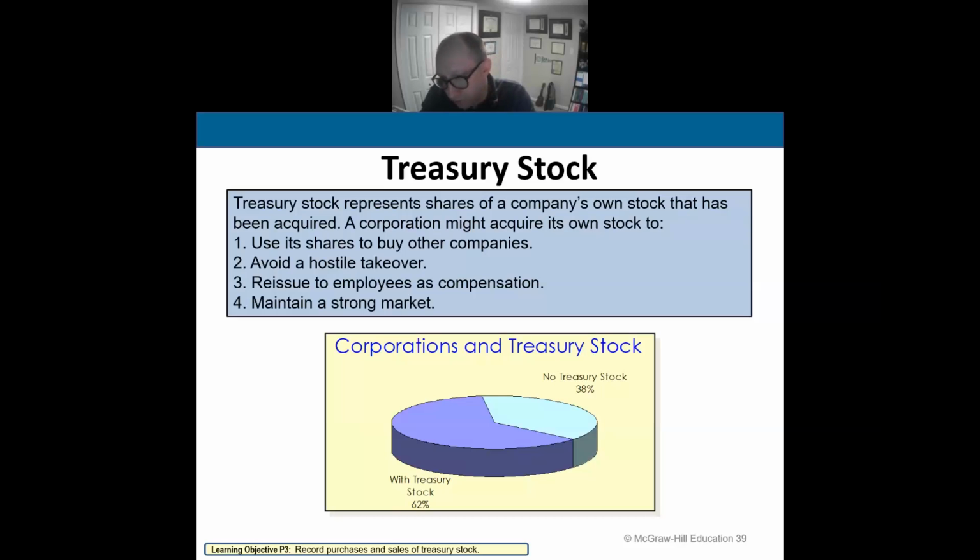They'll approach current stockholders and say, hey, we'll buy the stock back. And so what they're doing is creating treasury stock within the company, which are the shares they bought back from the stockholders. That raises the value of the share of stock that's outstanding. So now, instead of you buying that share of stock for $20, now it's $35 because there's less of it available.